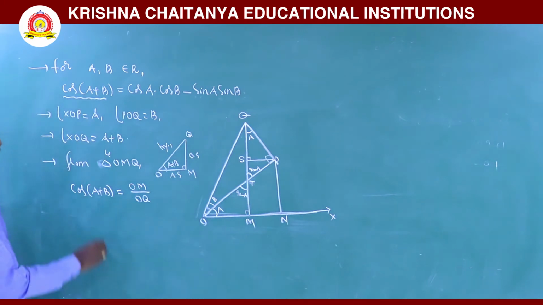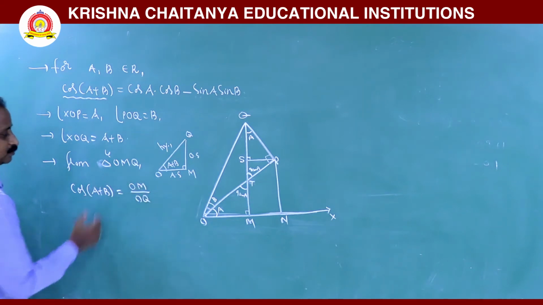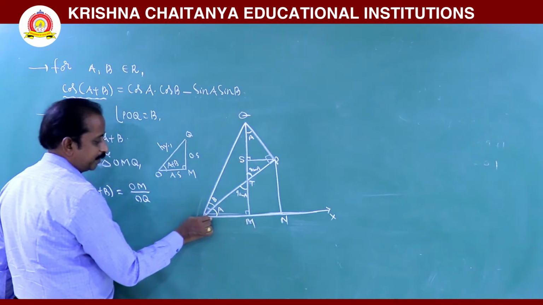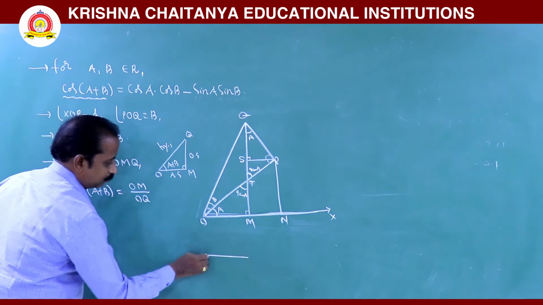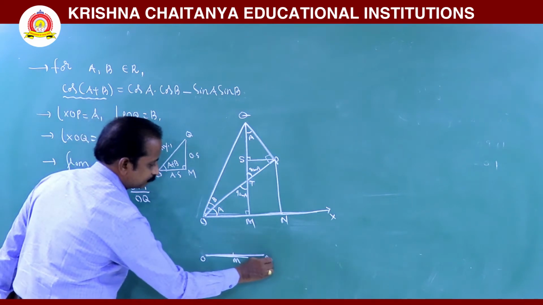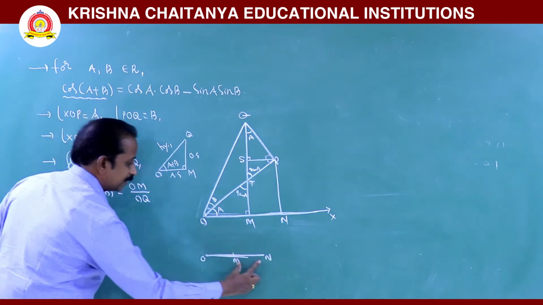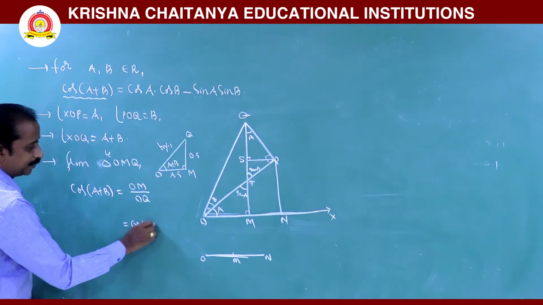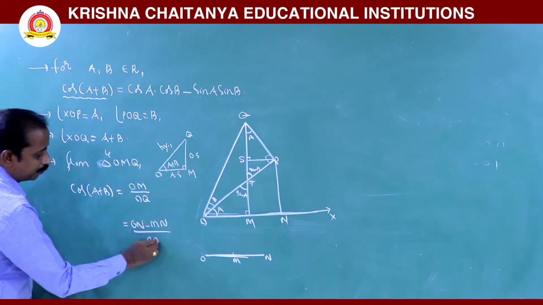Now, cos of A plus B is equal to OM by OQ. What is OM? Here observe, line segment ON. Instead of OM we can write ON minus MN. So ON minus MN, divided by OQ.